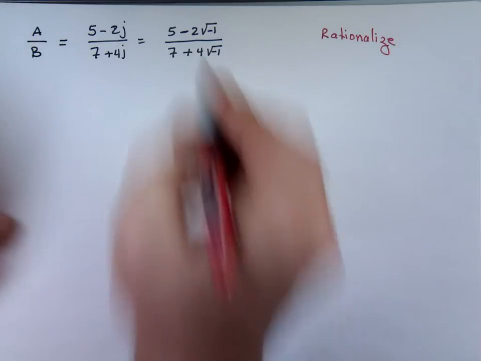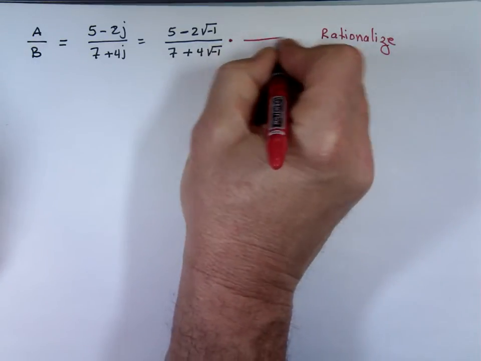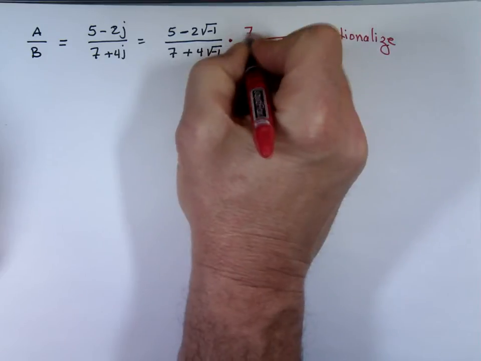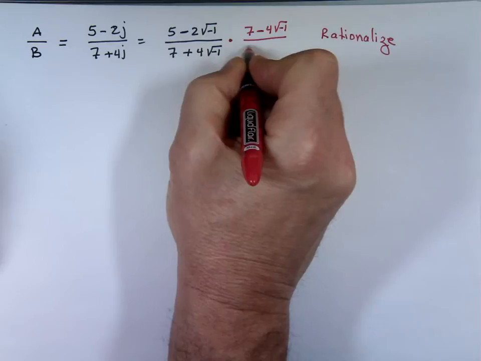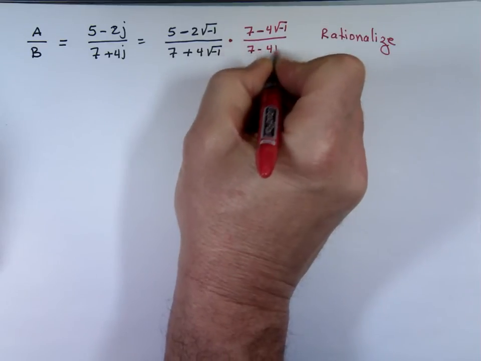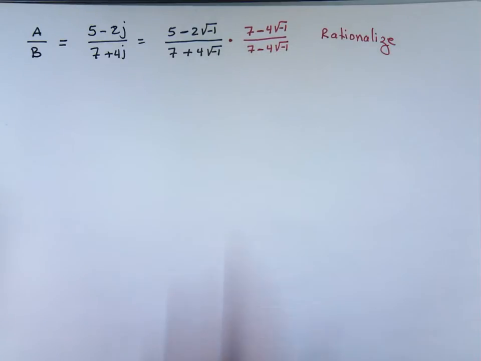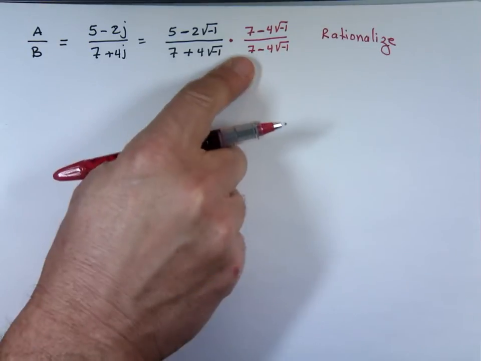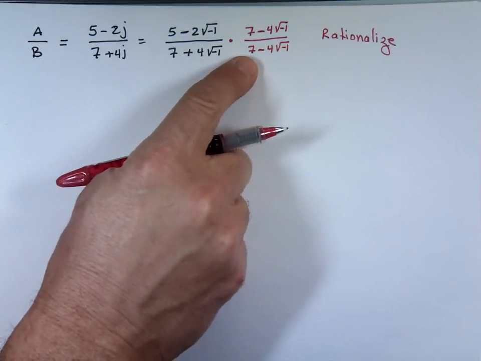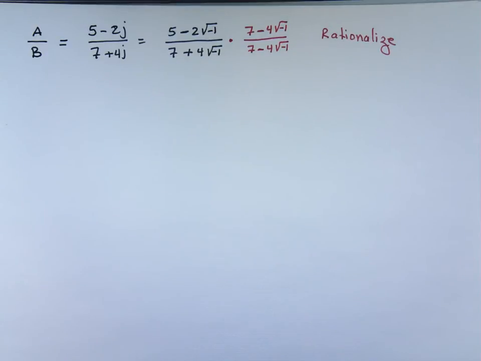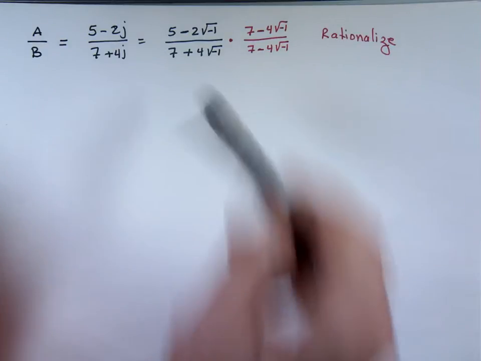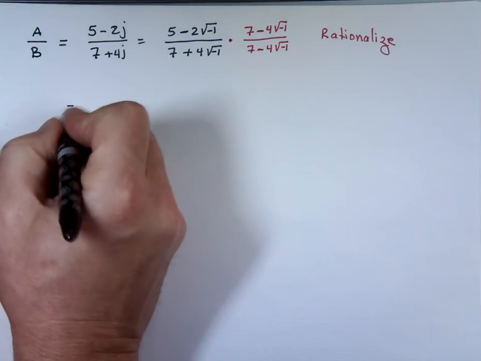And how would you rationalize the denominator? Normally, you take this and multiply it by the same thing, except you switch that sign. That's what we do in math. So when you have division here, I'm going to do this without the square root. We're going to multiply by what we call the conjugate.